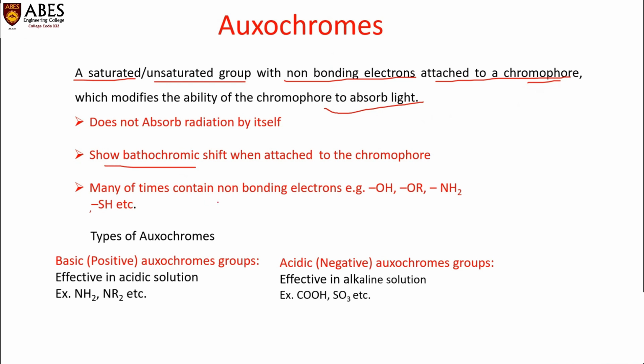Many times, auxochromes have non-bonding electrons. For example, hydroxy group, epoxy group, and amino group have non-bonding electrons as a lone pair. Auxochromes are also of two types: basic, for example amino group, and acidic auxochrome, for example carboxylic group, sulfate group, etc.